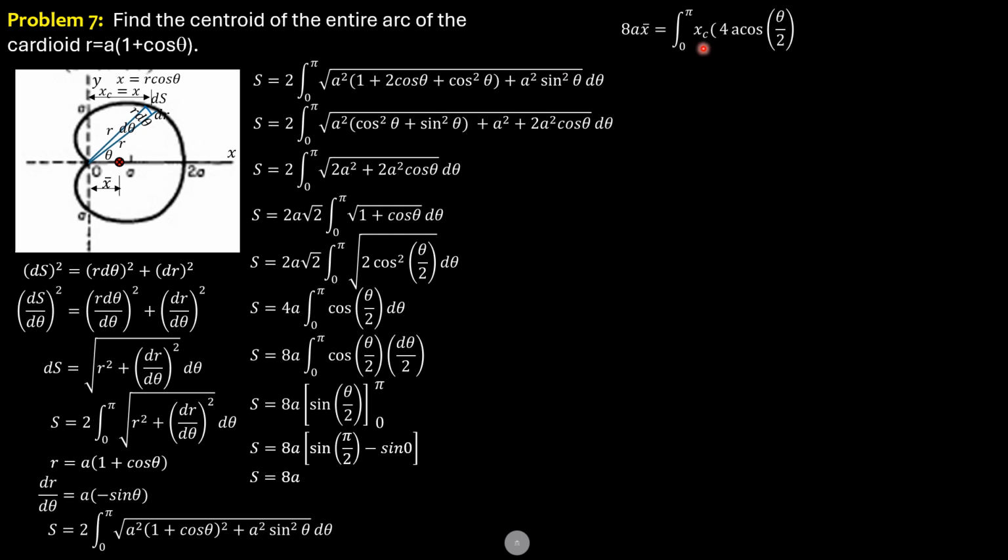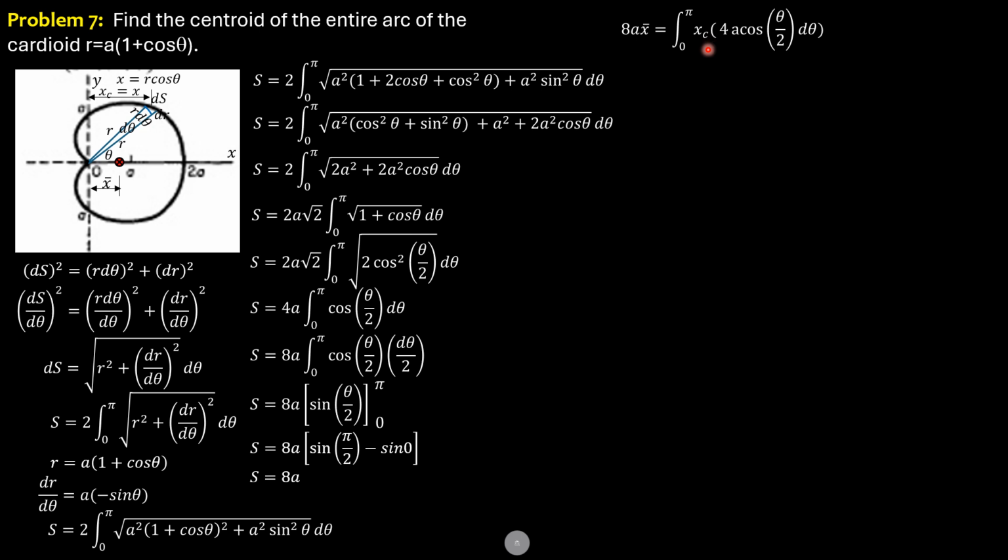8a barred x equals integral from 0 to pi of x sub c ds, and ds, the simplified part, is this. So we copy 4a cosine theta over 2 d theta for differential s. We haven't yet evaluated that part. So 8a divided by 4a is 2, so this remains 2 barred x.